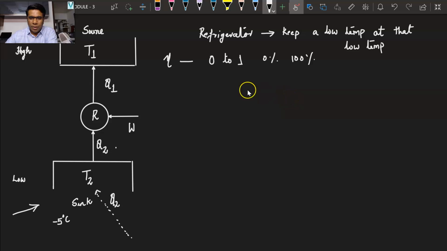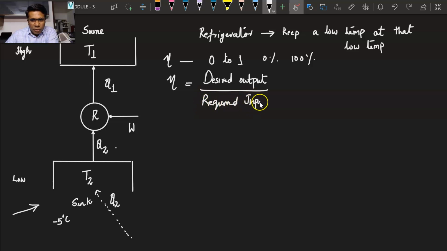But in the case of a refrigerator, when I use the equation efficiency equals desired output by required input, since this is a reverse device, the efficiency value can go greater than 1.